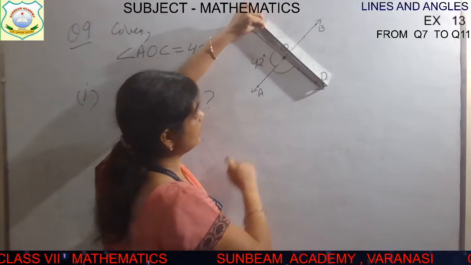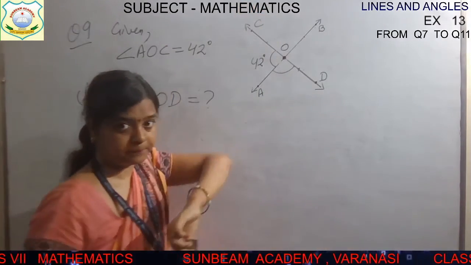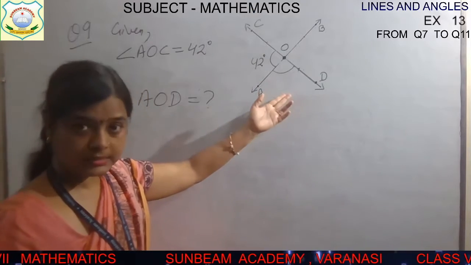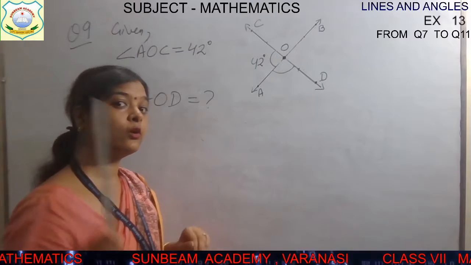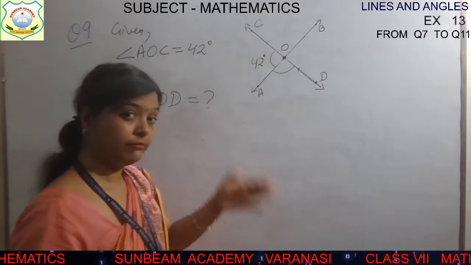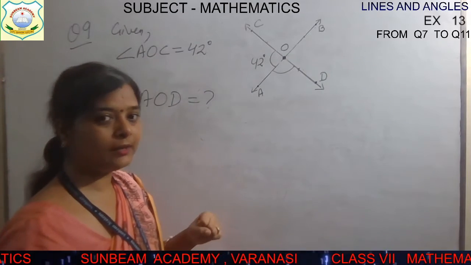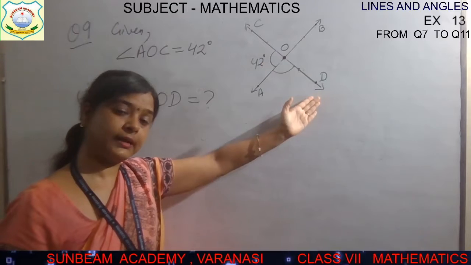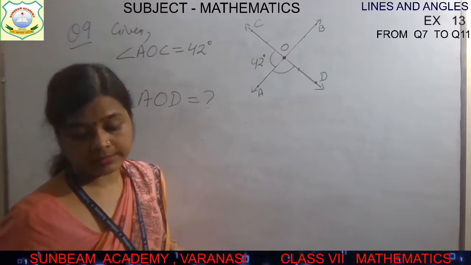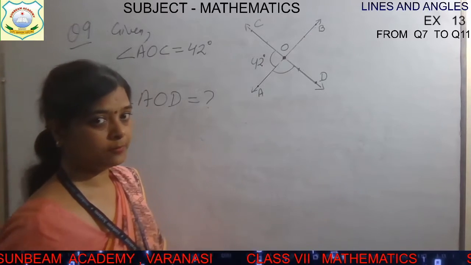So these two are the angles formed on this straight line, and these two are adjacent angles also. So what do we conclude? We conclude from linear pair that two adjacent angles formed on a straight line satisfy the linear pair property.